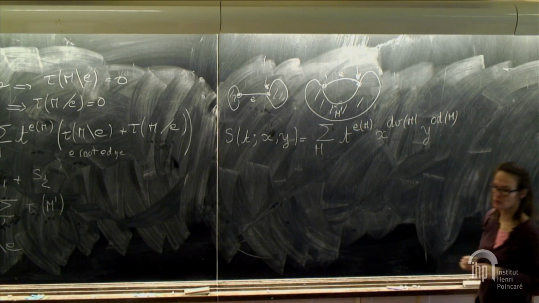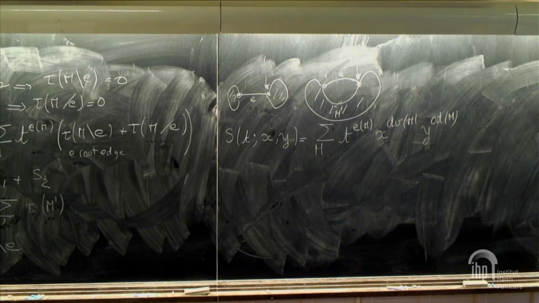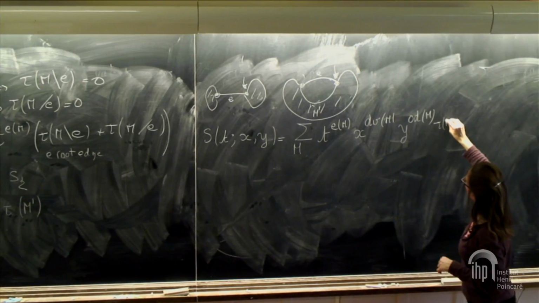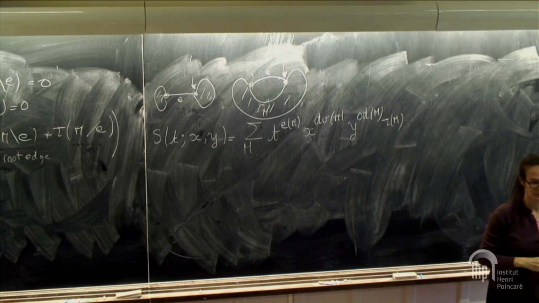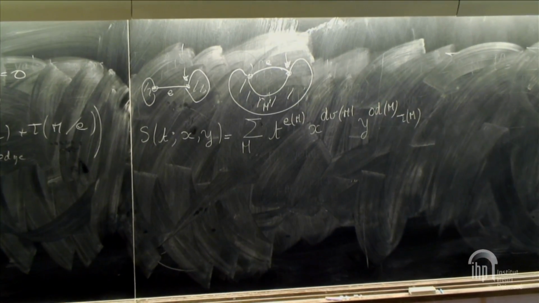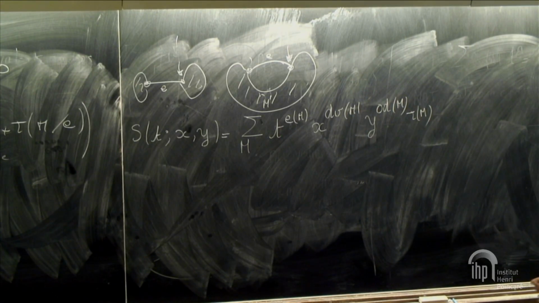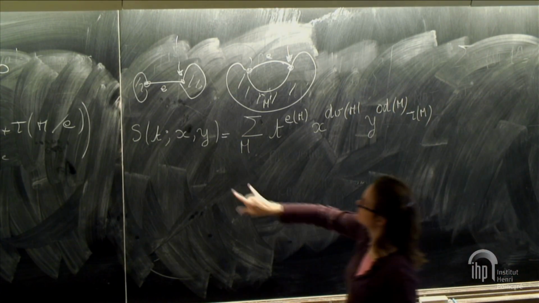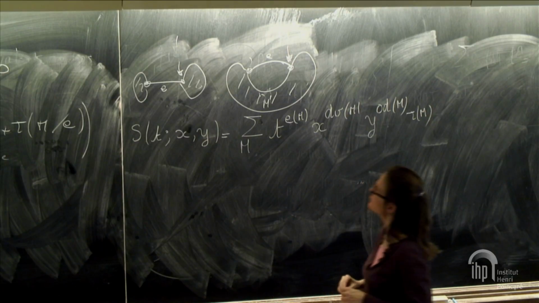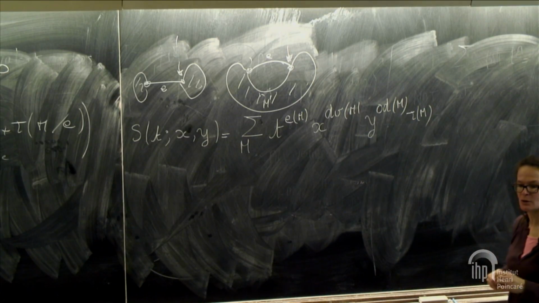I guess by symmetry, I should call it df, for degree of the root face. And then there's tau of M. So we need to enrich our enumeration by taking into account these two catalytic variables, or catalytic parameters, which are dual of one another.